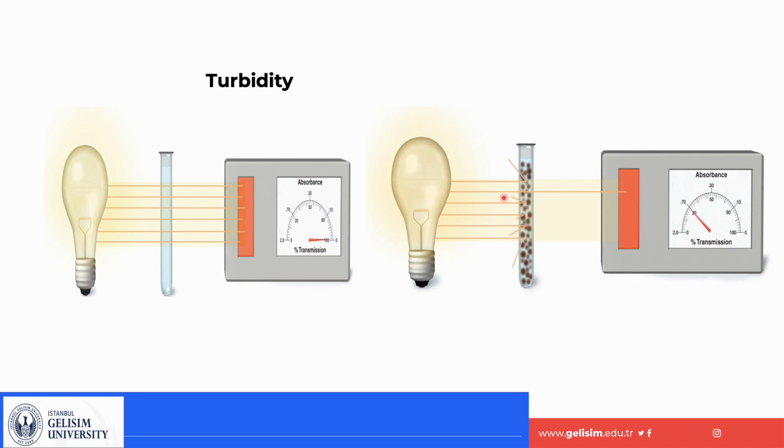So most of the light gets bounced back off. Very little light gets absorbed in this instrument here. So this solution is turbid. Okay, there's lots of particles inside that are floating, obstructing the light from passing through.